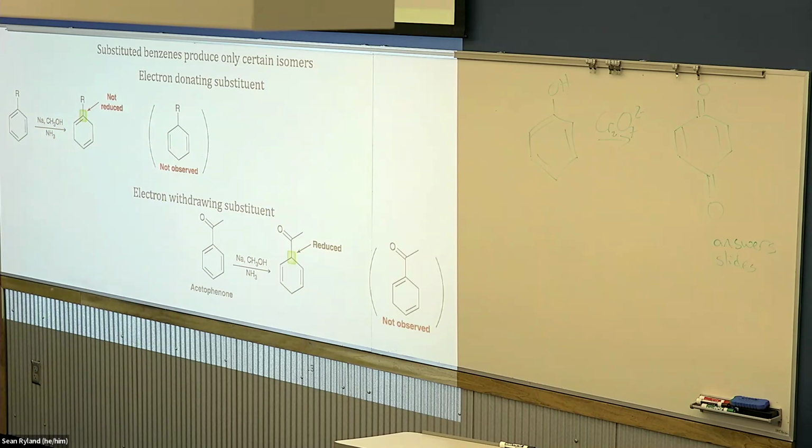Which kind of makes sense because considering the first step was you have to give an extra electron to something, the extra electron is never going to go to the carbon that has the R group on it, because that's extra electron density. Why are we going to force an electron into a high electron density system? It's already hard enough that we're trying to put it into a benzene ring.